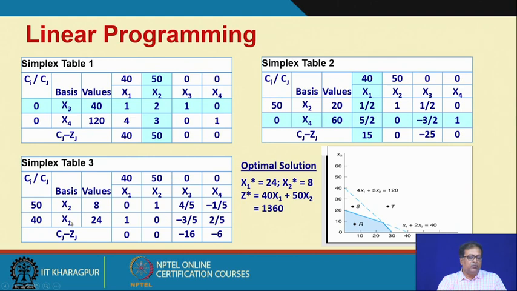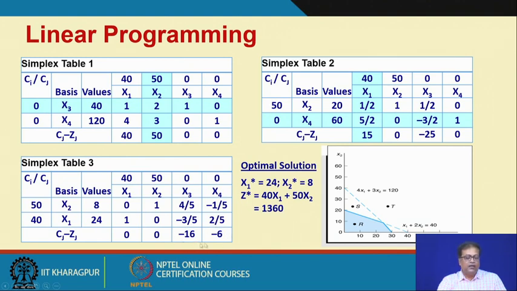So, what will be the value? x1 will be 60 divided by 5 by 2, which is 24, and x2 will be 20 minus 60 into half divided by 5 by 2, equal to 8. So, x1 equal to 24 and x2 equal to 8, that is our final solution, because look here, it is a maximization problem. x1 and x2 are in the basis. So, obviously, their Cj minus Zj value should be 0, and x3 and x4 are not in the basis, so they are negative.